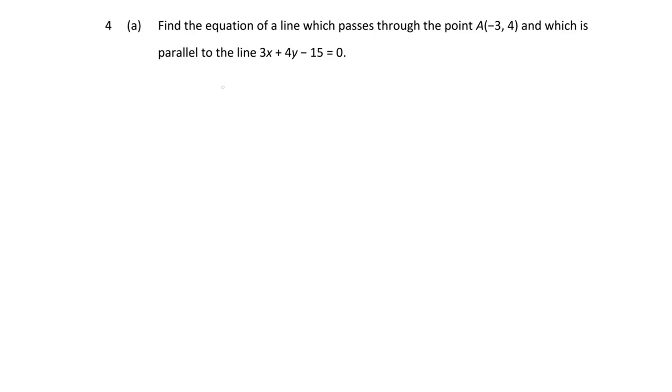From this line, 3x plus 4y minus 15 equals 0, let us express this in the form y equals mx plus c, of which m is the gradient. Rearranging, we have 4y equals negative 3x plus 15.